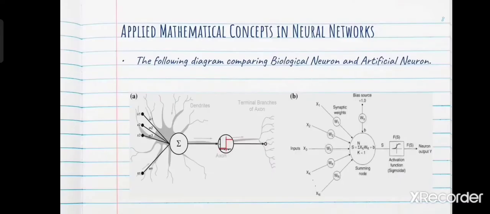Applied mathematical concepts in neural networks. First, let's see what a neural network is. A neural network is a comparison to a biological neuron, used in the computer field. Diagram A represents a biological neuron. In that, we have dendrites, axon, and terminal of axon.